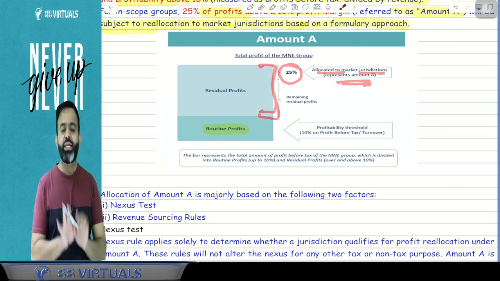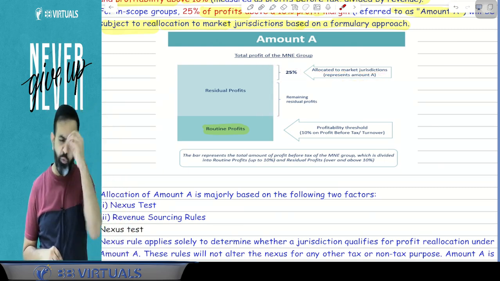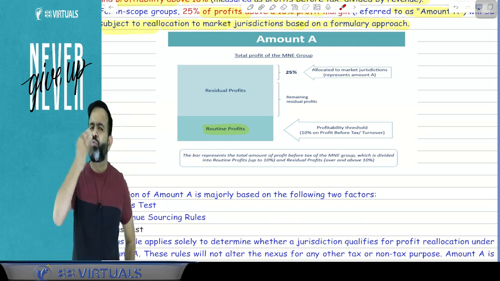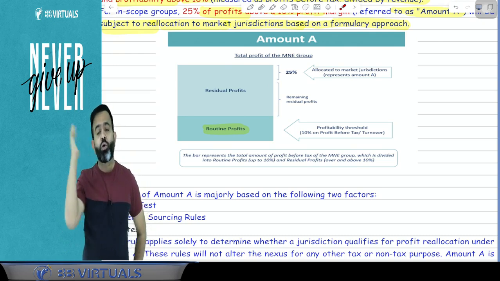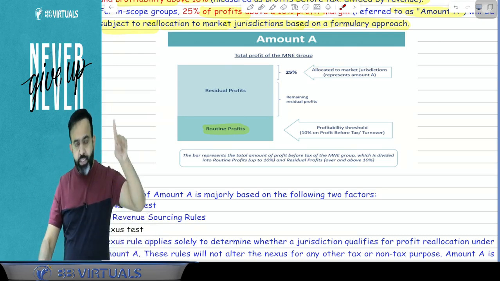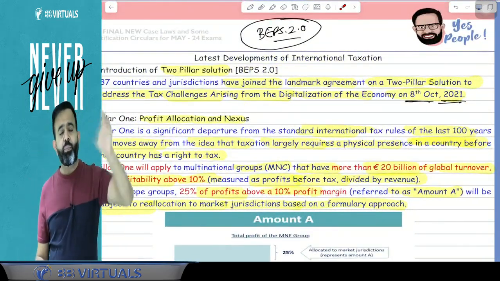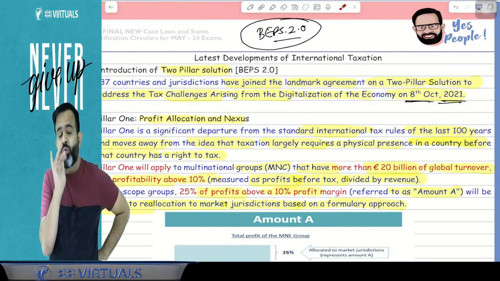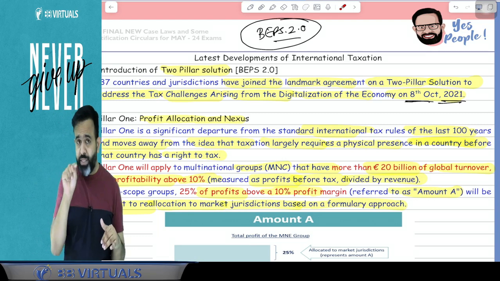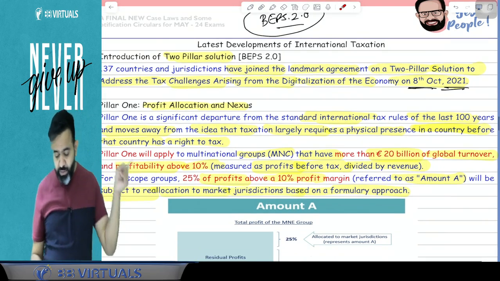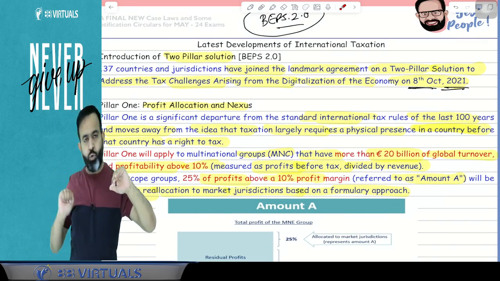Market jurisdiction means, I can take an example. Suppose, for an example, we can take Facebook. Now Facebook is based in the USA, that is a USA company. Now from the whole world, if their turnover is more than 20 billion euros and their profit percentage is more than 10%, profit before tax divided by revenue, then what will happen? 10% is routine profit.